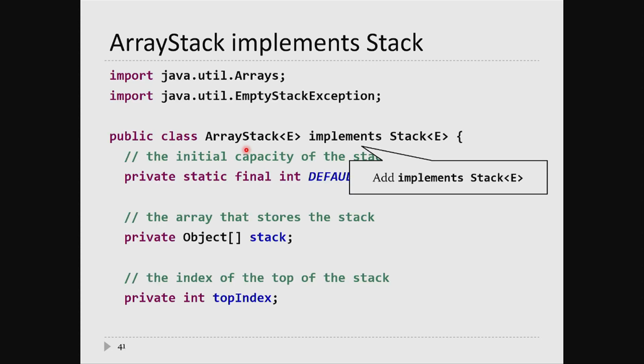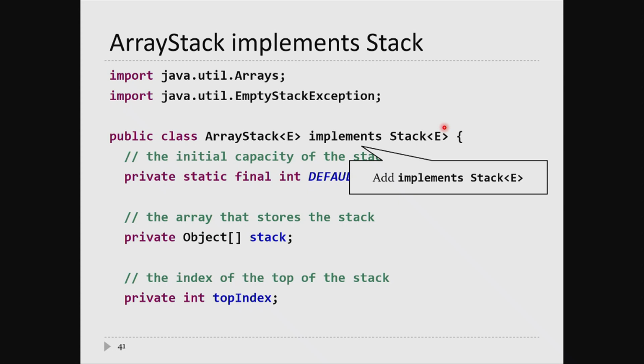That's easy to do too. You just write implements Stack and then the generic type. So ArrayStack of E implements a Stack of E. And now you've completed the generification of both the interface and the implementation.